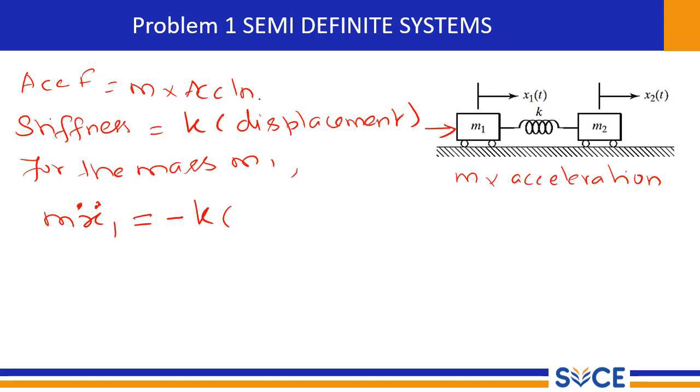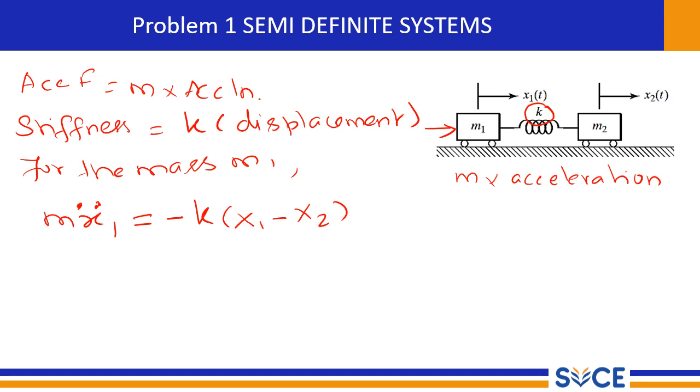Here K involves two displacements. That means this spring force depends upon both x1 as well as x2. Actually, we only have a difference in the displacement, that means x1 minus x2. So this difference will be acting on the mass m1.